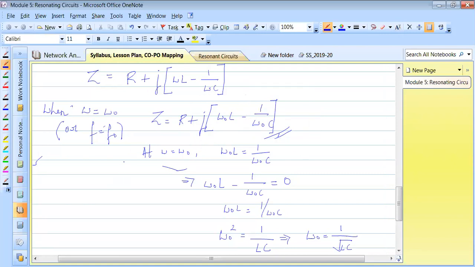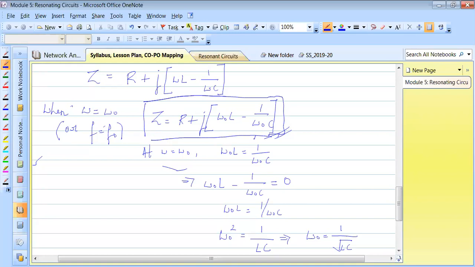Just consider this equation for the impedance. How can you make another statement there? Can we make a statement keeping the resistance in mind? Anybody want to give a try for that? One statement we can make is when the capacitive reactance is equal to the inductive reactance, the circuit would resonate.